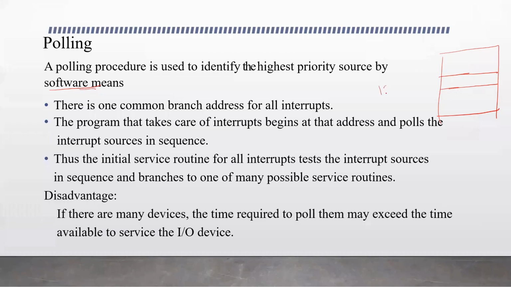Every interrupt service routine will have a different address, but initially there is an initial service routine. The polling method executes this initial service routine that is stored at a common location. At this location, we have a set of instructions, the initial service routine.